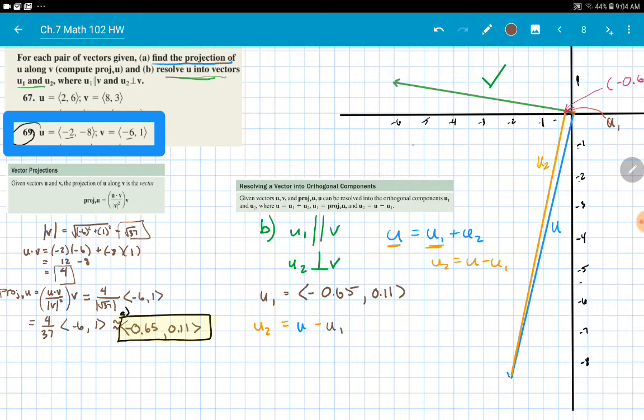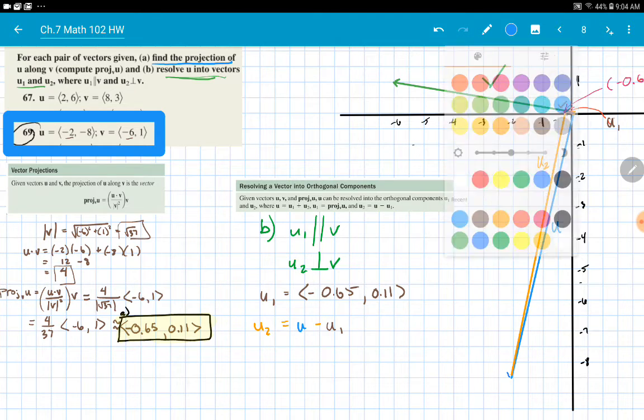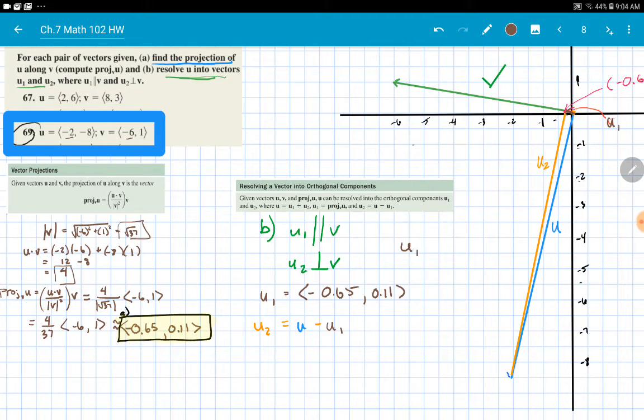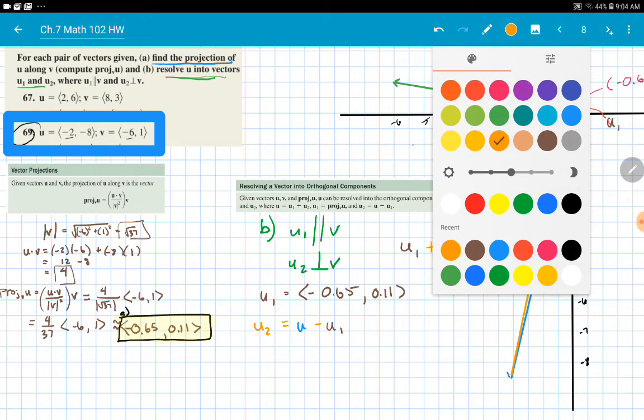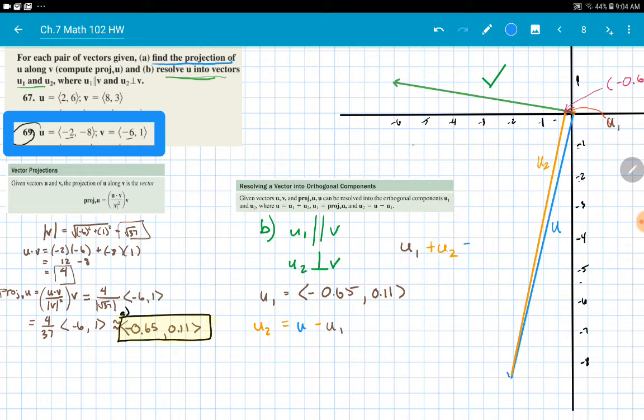So I'm going to change this one to color codes too. So let's see. Brown, U1 plus U2. When I add those two vectors together, you can see graphically that I end up at the end of U. So, okay.